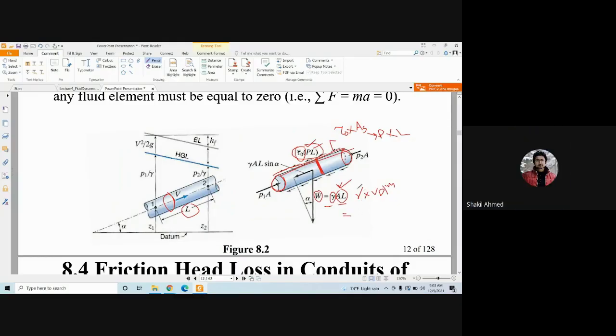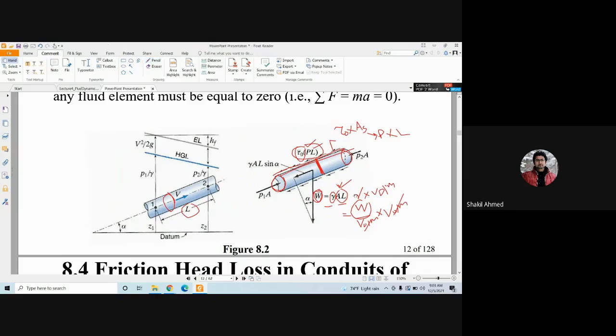Gamma equals weight per unit volume, multiplied again by this volume, so this cancels out. This is W. So W equals gamma A L. We can write that, right?